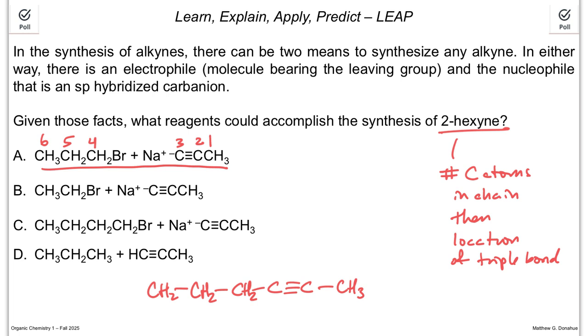And really what that's relating to is how you break down where you're putting that negative charge and then what ends up being the electrophile. So choice A broke that bond. Another way you could do it is break that bond where the negative charge is there, and then you have a 1-carbon electrophile.